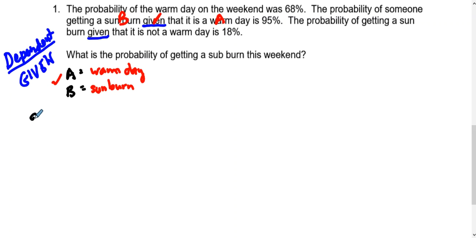Now define your probabilities. This is where I look at my question and find all these out.